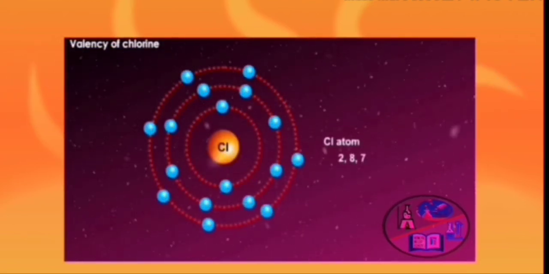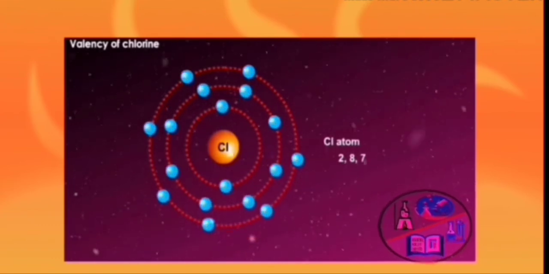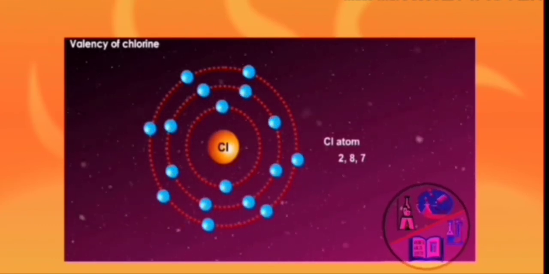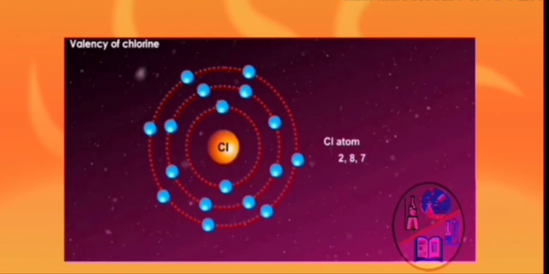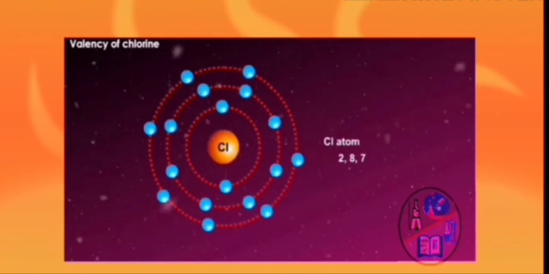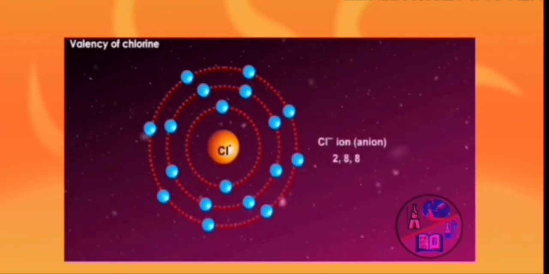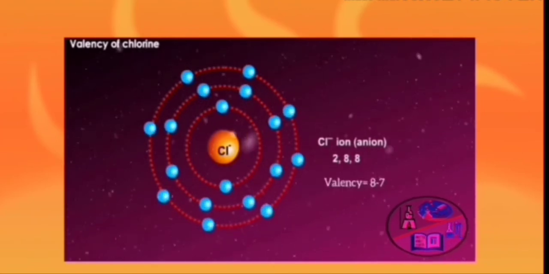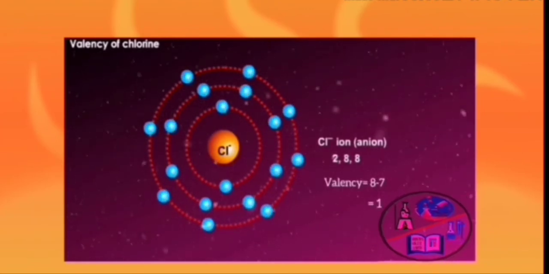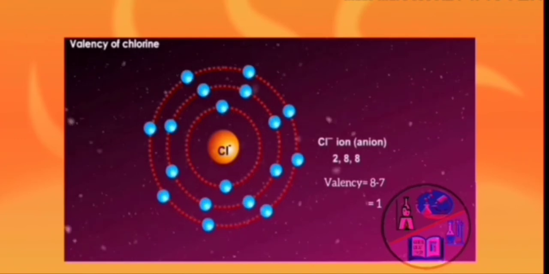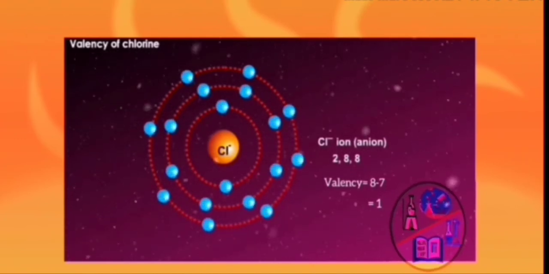For example, valency of chlorine. In its outermost shell, the number of valence electrons is 7. So, to become stable, it needs only 1 electron. Hence, the valency will be 8 minus 7, which is equal to 1.